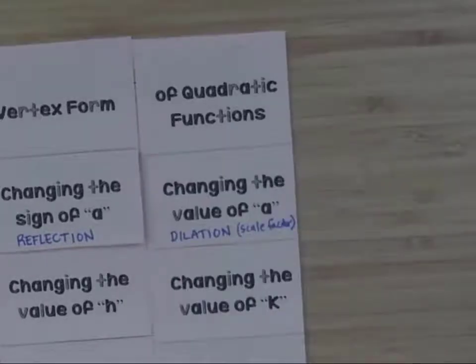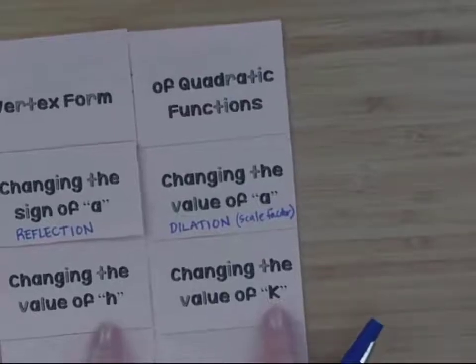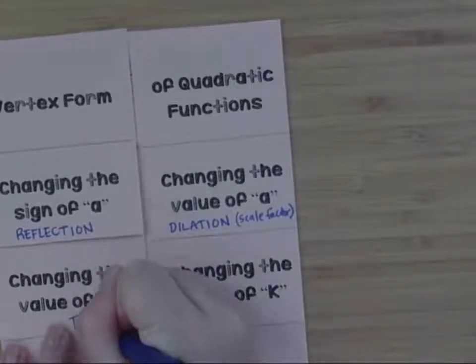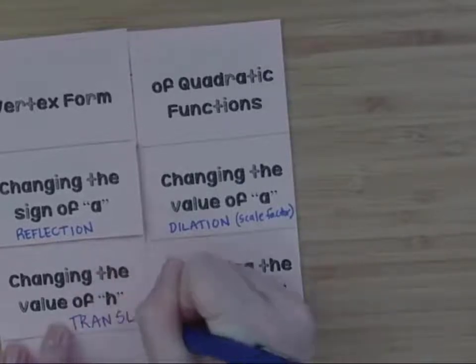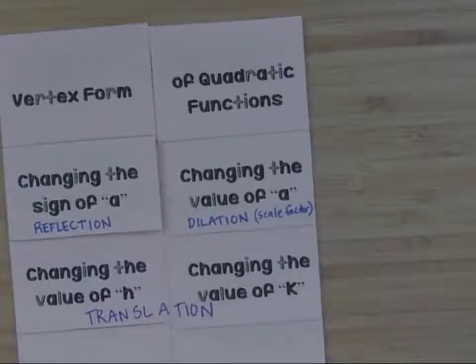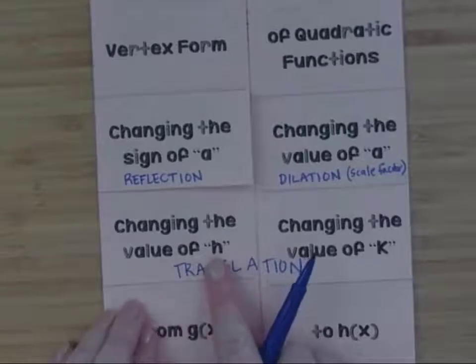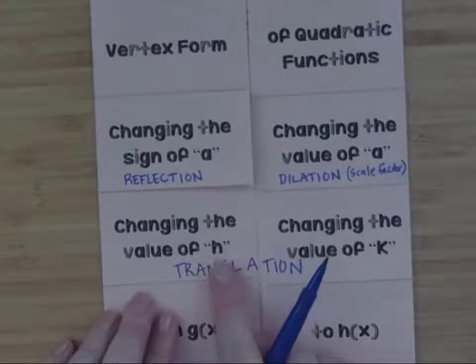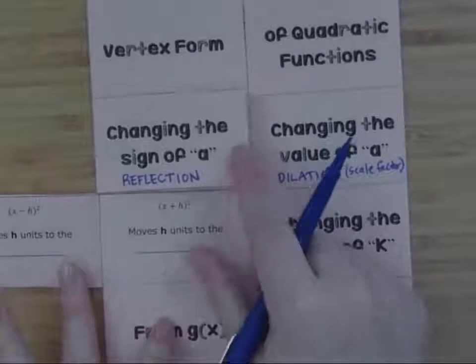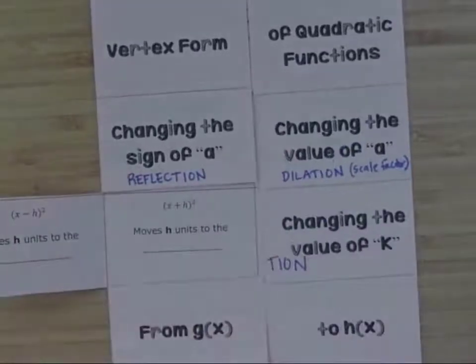When we're talking about changing the values of h and k, the related term is translation, that slide. So changing the value of h, remember h is which part of the vertex? It's the x part. So the x-axis goes left and right.